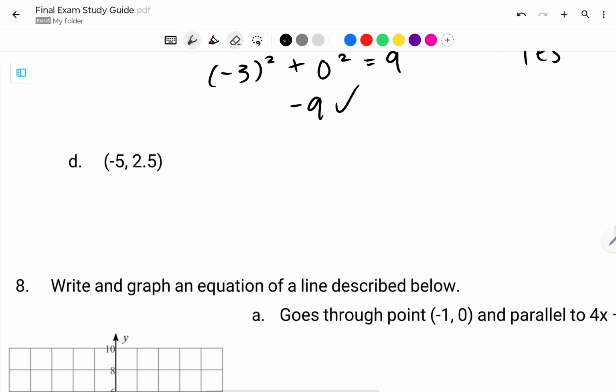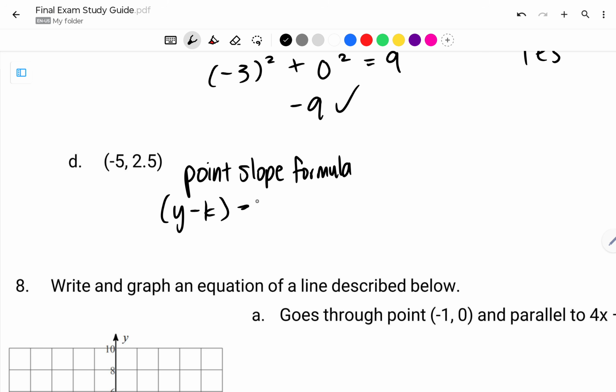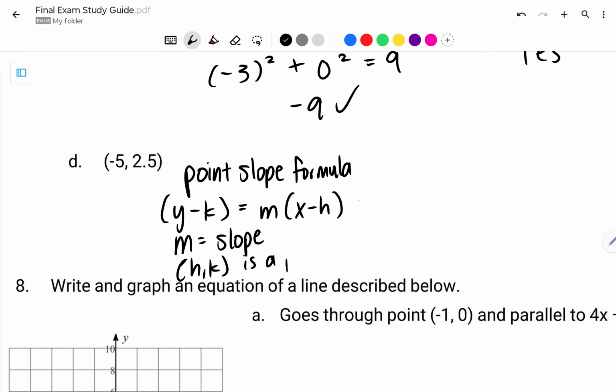Point slope formula: y minus k equals m times x minus h, right? m is my slope, and again, (h, k) is a point on the line.